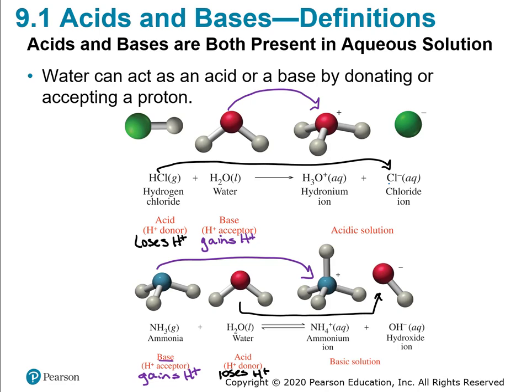In this case, water becomes H3O+, so water gains a hydrogen, so water acts as a base. Just remember that the acid is always going to lose its hydrogen on the reactant side, and the base is going to gain.